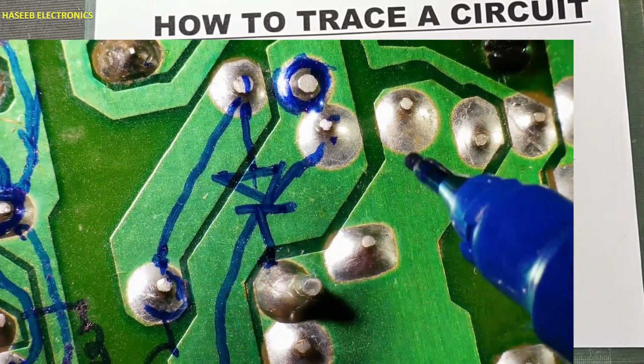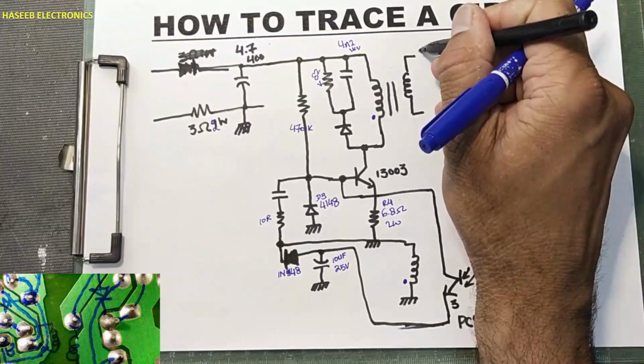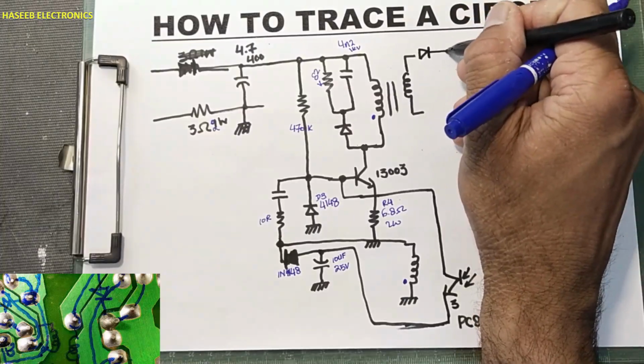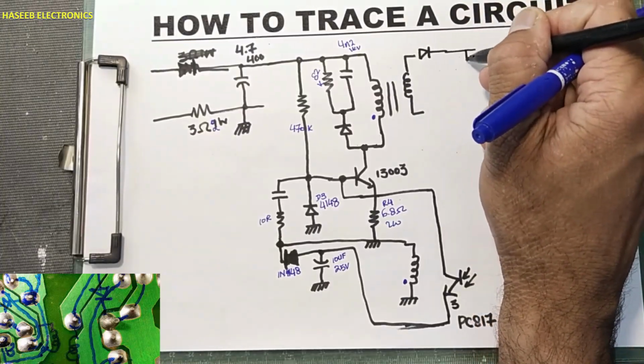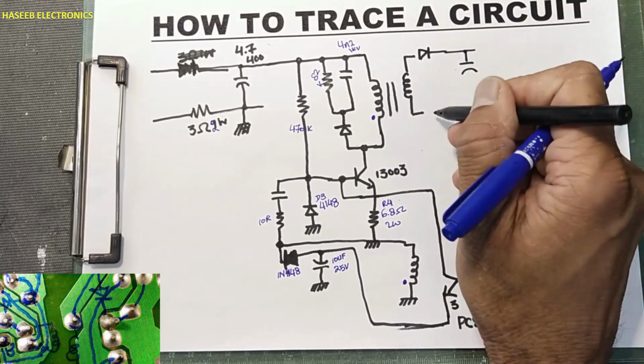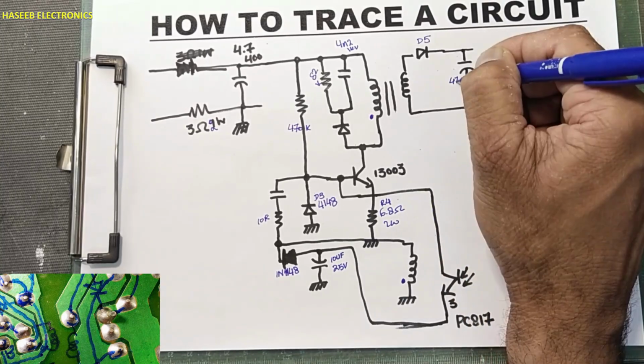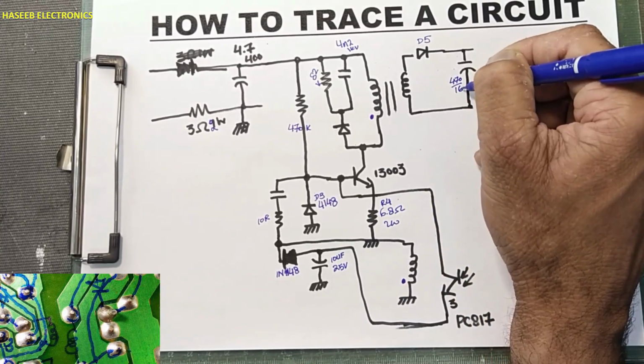And it is reaching to capacitor positive terminal, that is here. D5, capacitor positive terminal, and this end of the capacitor is connected to ground, and as we discussed 470 microfarad, 16 volt.